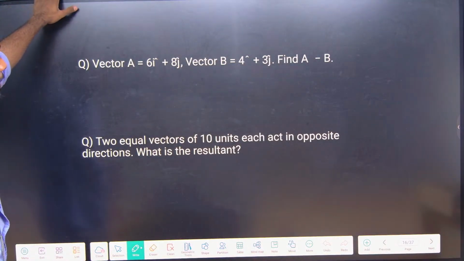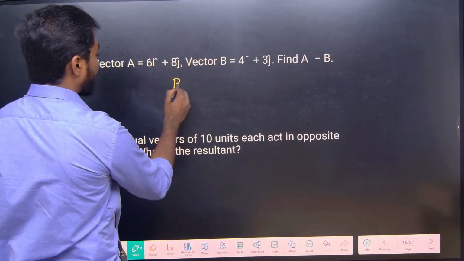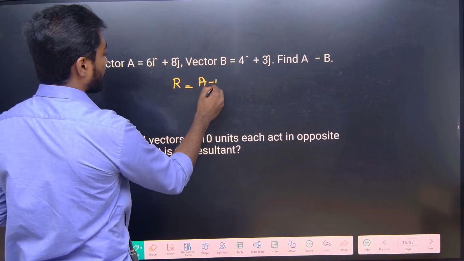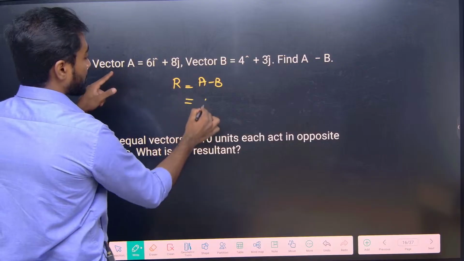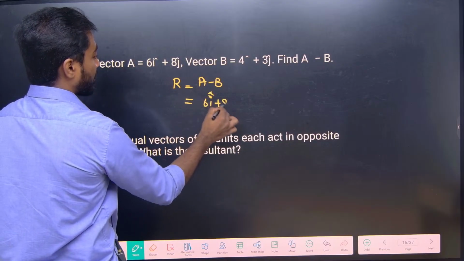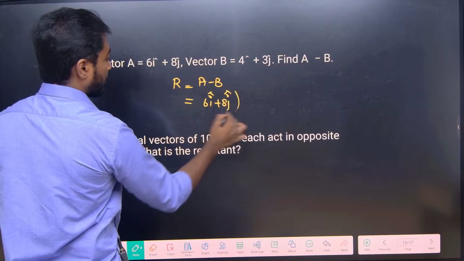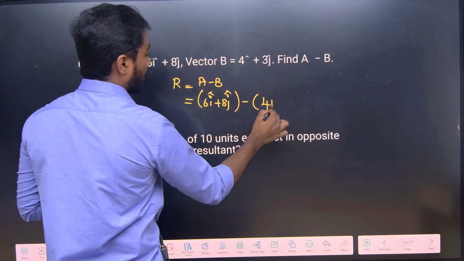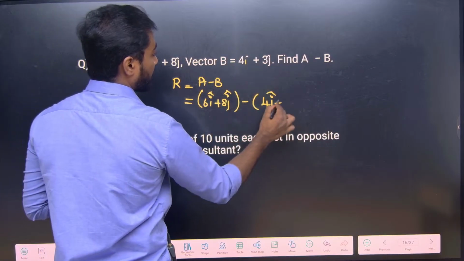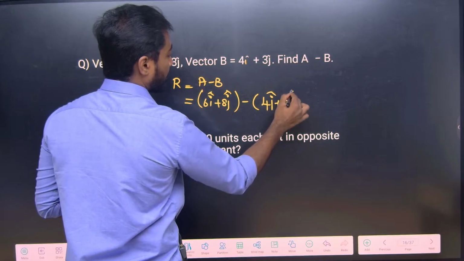Vector A and vector B, I need to get the resultant vector, which they have given as A minus B. A minus B means 6i cap plus 8j cap minus of 4i cap plus 3j cap. What is this answer?